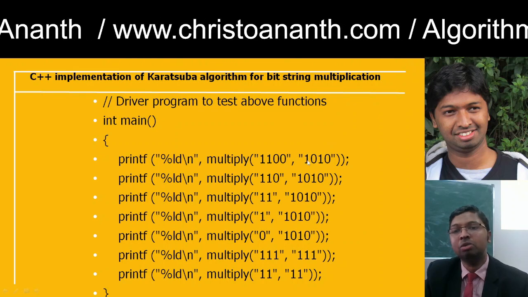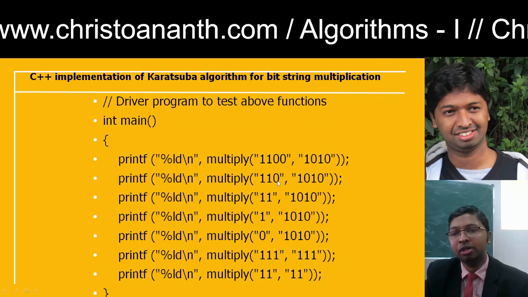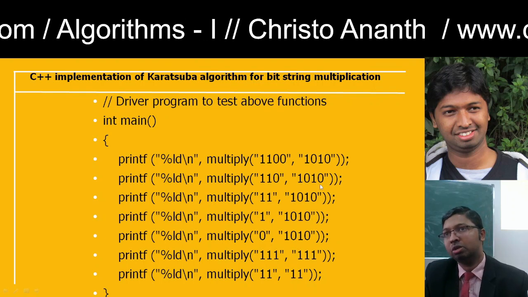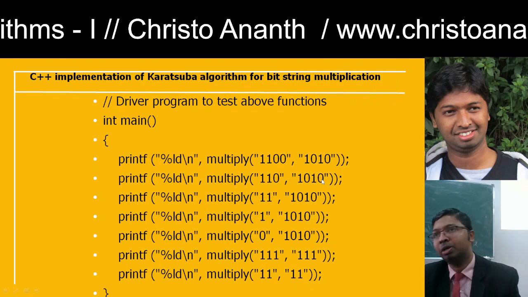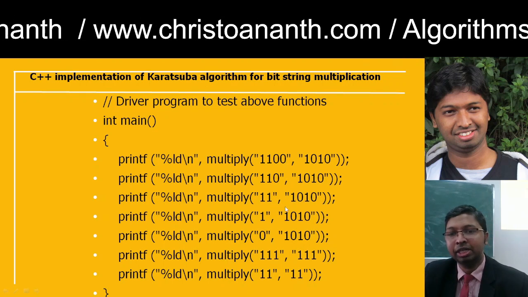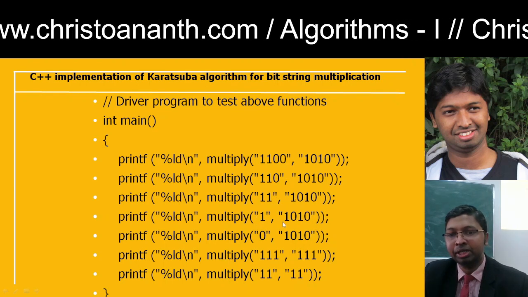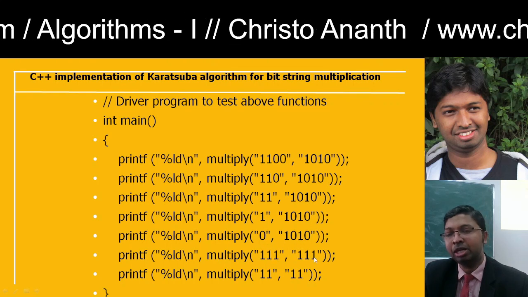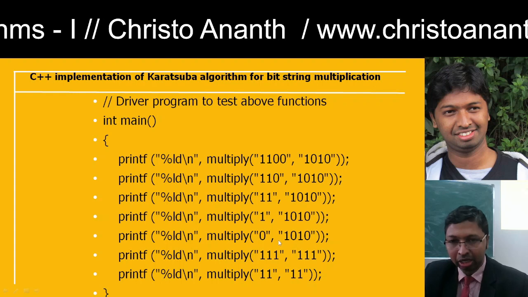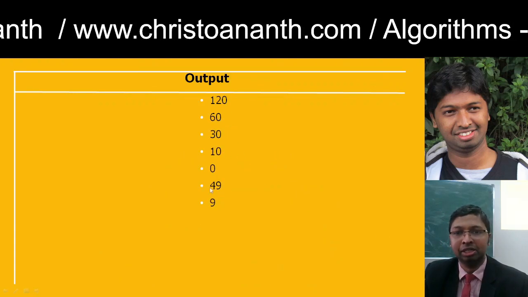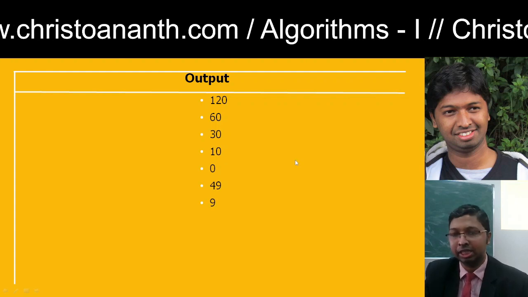So your answer would be 120, and for this case 110 is actually 6, and then 1010 is actually 10. So 6 multiplied by 10 is actually 60. Here 3 multiplied by 10 is 30, 1 multiplied by 10 is actually 10, 0 multiplied by 10 is actually 0, 7 multiplied by 7 is actually 49, 3 multiplied by 3 you get 9. Okay, so that is the answer you will be getting in the output.